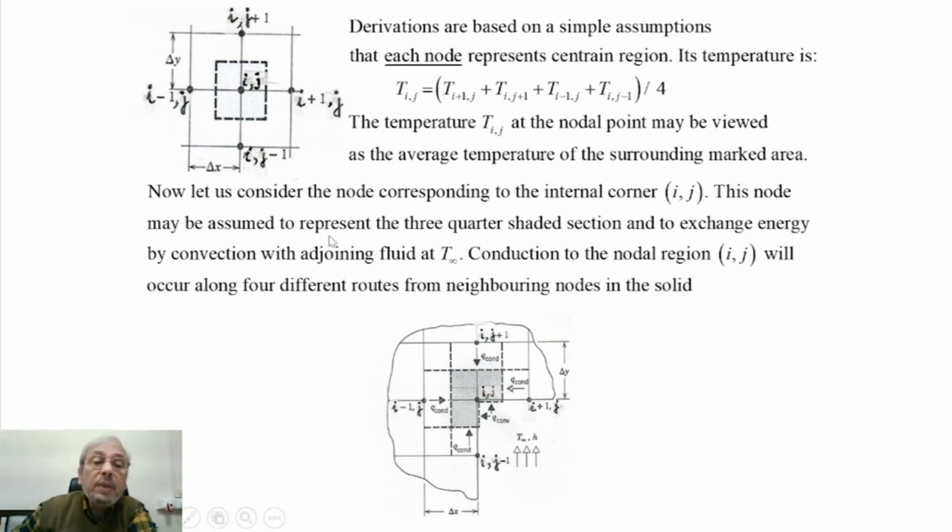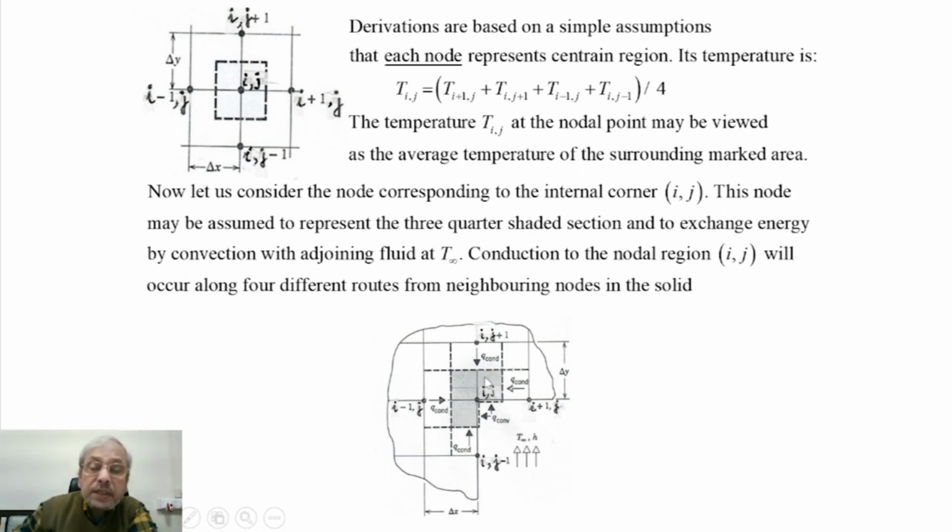This node may be assumed to represent the 3/4 shaded section. This temperature will be the temperature of this shaded section, and it exchanges energy through convection with the adjoining fluid at T infinity. Conduction to the nodal region ij will occur along 4 different nodes.